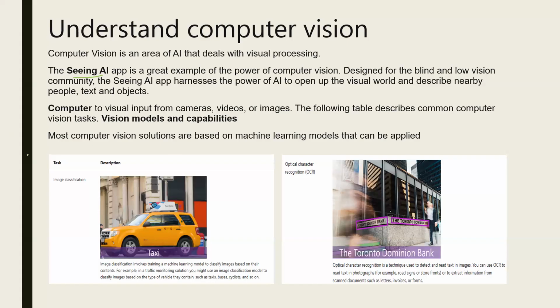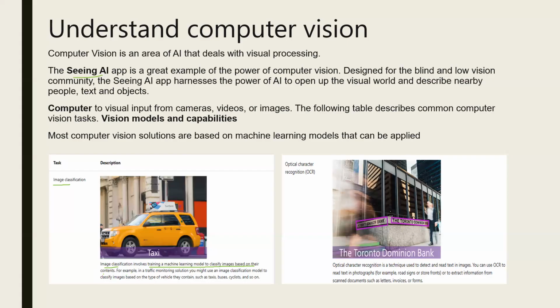One is image classification. Whenever we are doing image classification, we train a machine learning model to classify images based on their content. For example, if I want to predict the type of vehicle passing through in traffic, I can classify which type of vehicle passed.